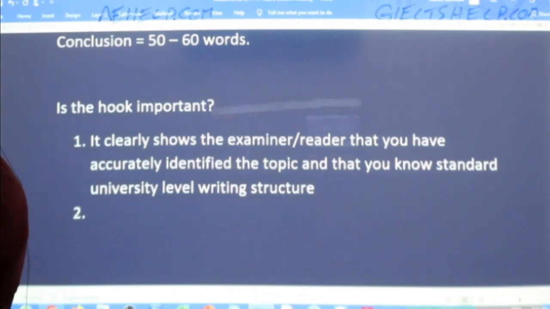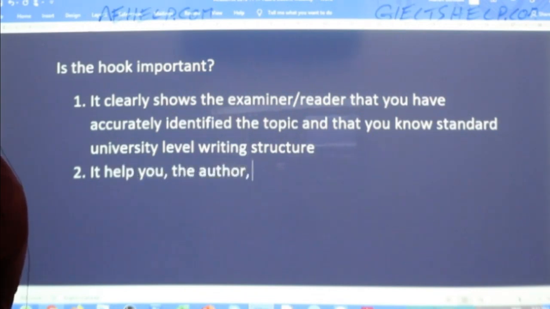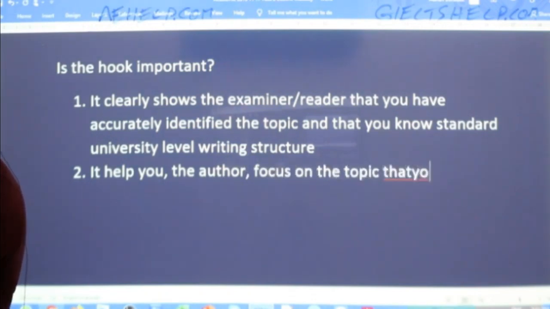And 2, it helps you, the writer, to focus on the topic that you will write about.